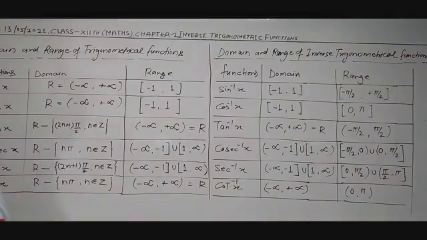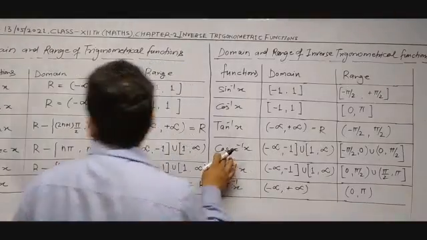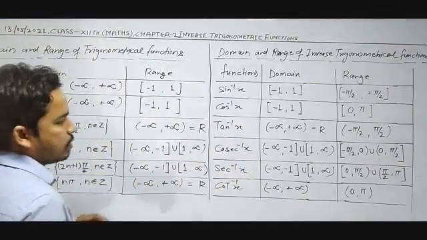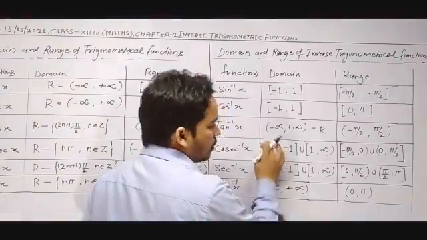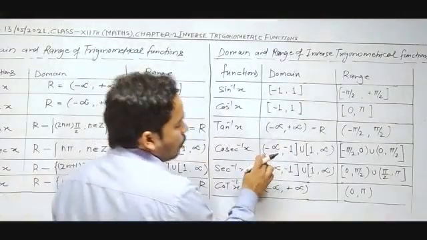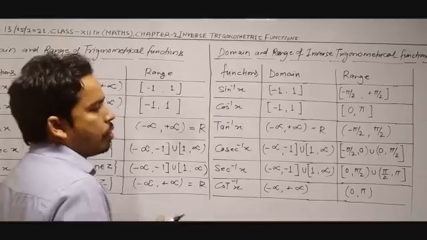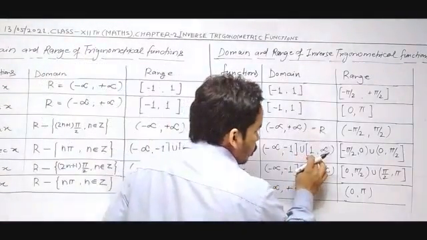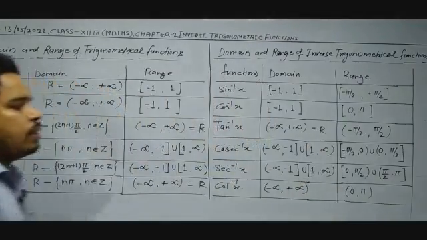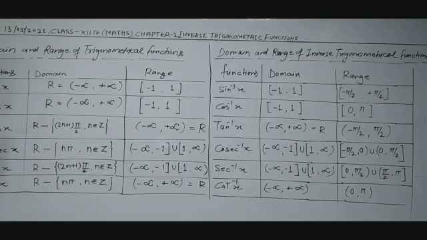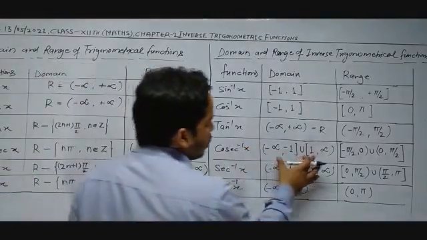Similarly, cosec inverse x. Cosec inverse x is the inverse of cosec x, and its domain is from minus infinity to minus 1 in a semi-closed interval, union 1 to infinity in a semi-open interval. So this is the domain.